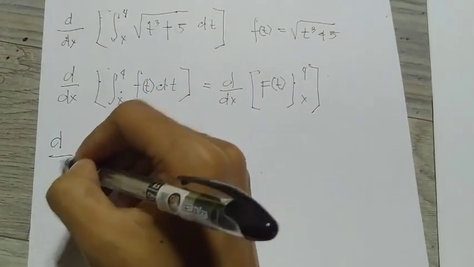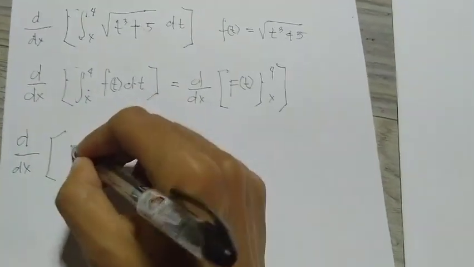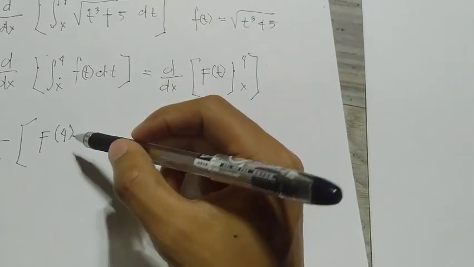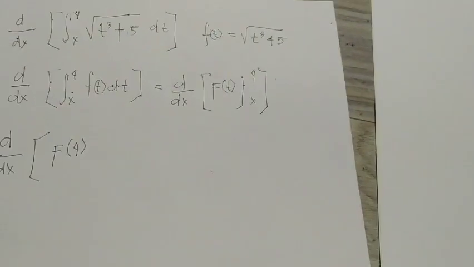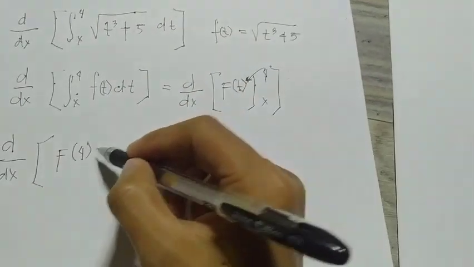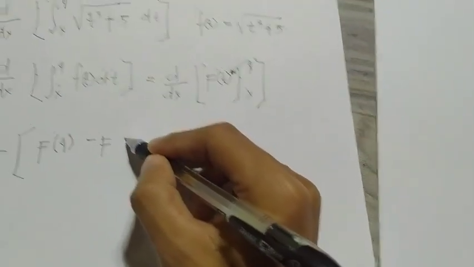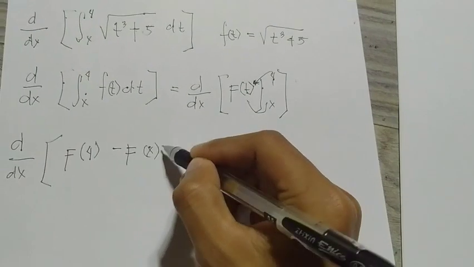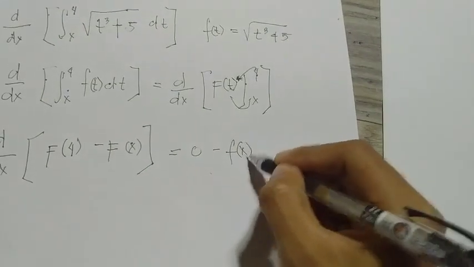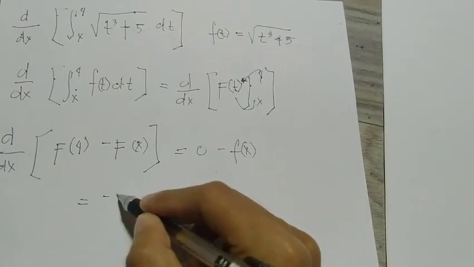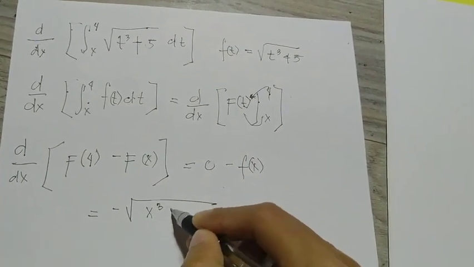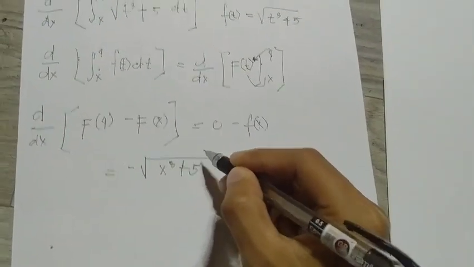So d over dx, substitute the value of 4 into F(t), so F(4) minus F(x), which equals 0 minus f(x). So our answer is negative the square root of x raised to the power of 3 plus 5.